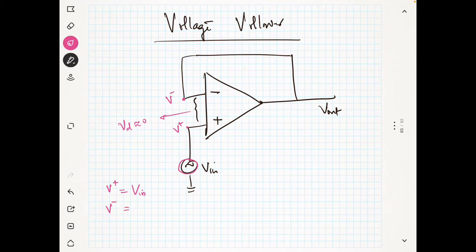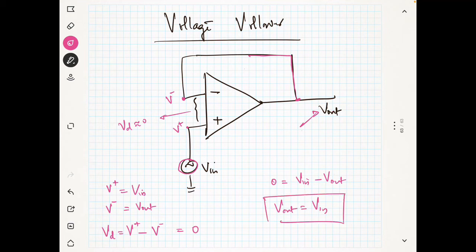V minus is the same voltage as the output, since the output is connected like this. My VD is the voltage at the positive terminal minus the voltage at the negative terminal, which is equal to 0. So 0 is equal to V in minus V out, right? That means V out will be equal to V in.